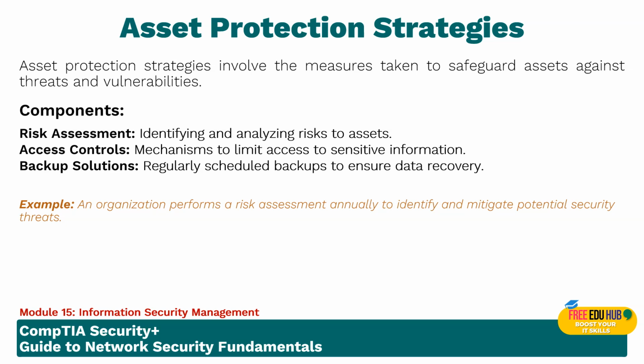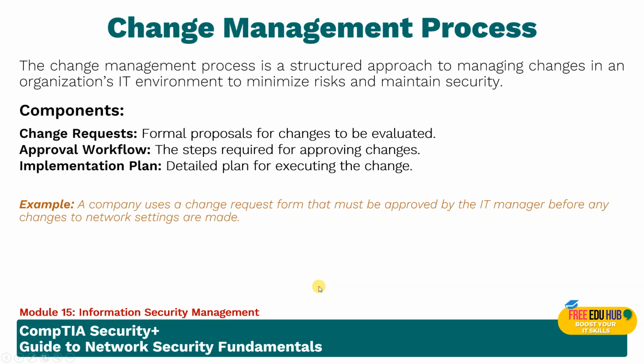These strategies are an integral part of the security approach to ensure all aspects of security are covered, so that we are not leaving anything behind, just to make sure that all our endpoints are properly protected. An example could be an organization performing a risk assessment annually to identify and mitigate potential security threats.